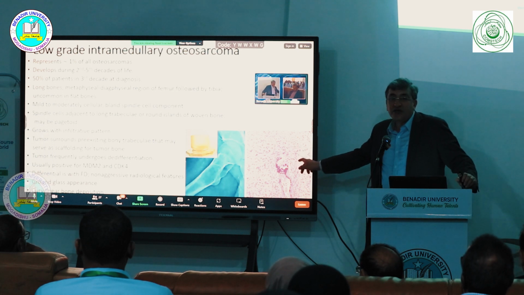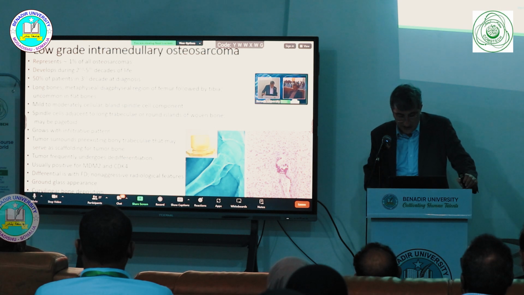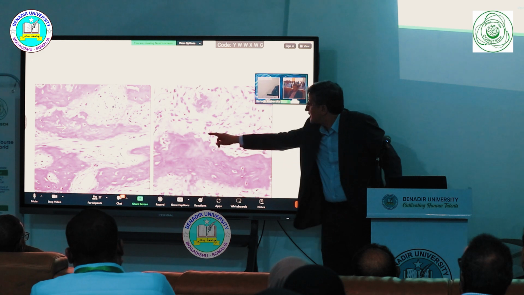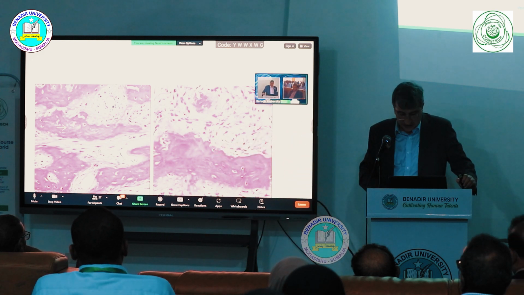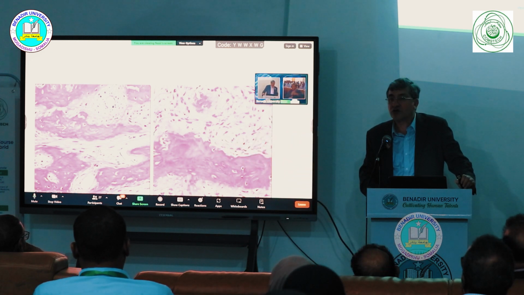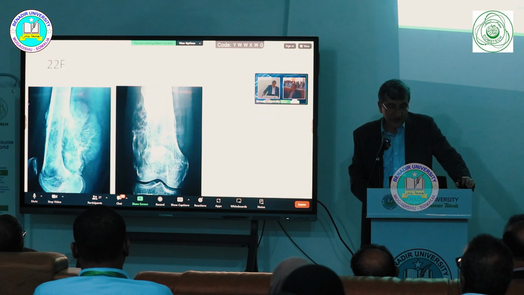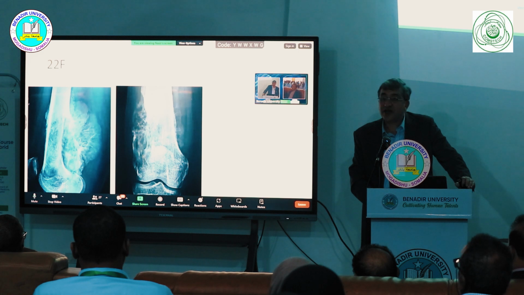It is cellular, but the cells are not hyperchromatic. So this is low-grade central osteosarcoma. 22-year female patient. Where is the tumor?